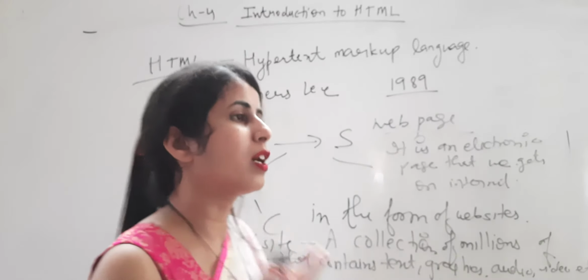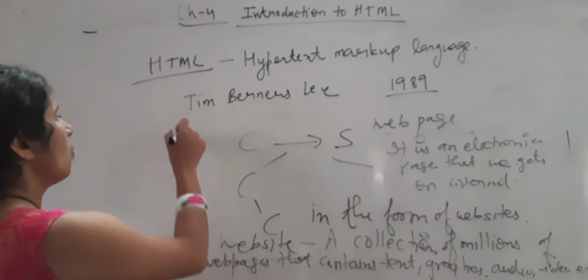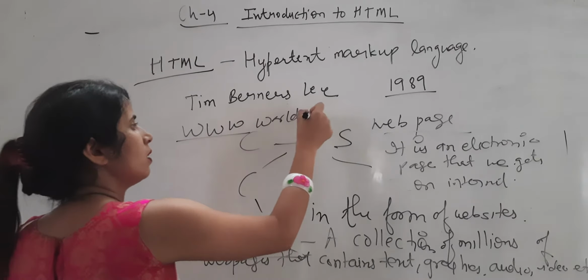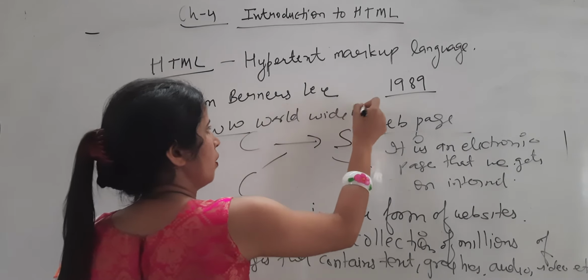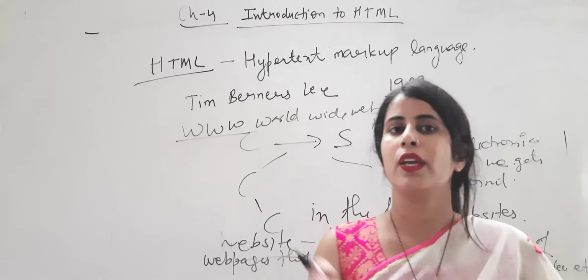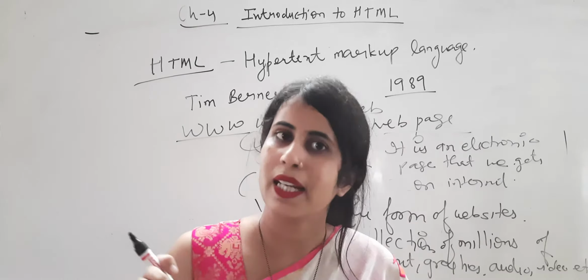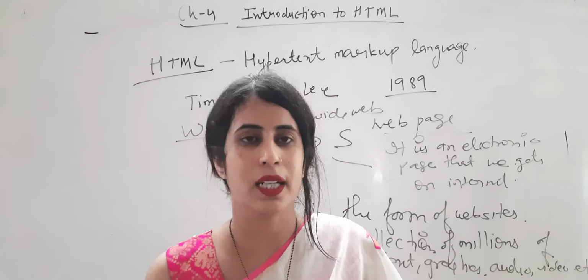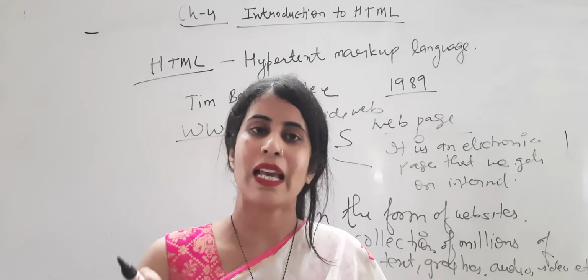On www, what is www? World Wide Web. When we want to search for a website, we write its name, so the URL, uniform resource locator, in another way known as the address.